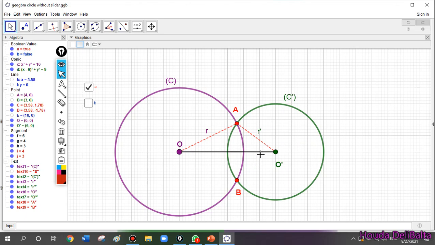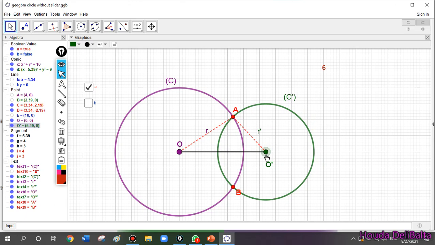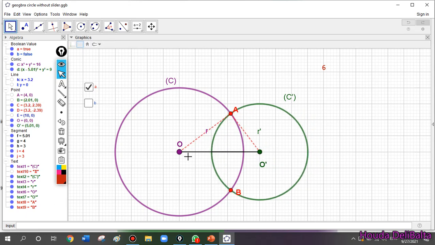Now let's make a relation between the centers in this case and the radii. Notice the distance between the centers: 1, 2, 3, 4, 5, 6. Let's mark 6. Let's change that distance. The distance between the centers OO prime: 1, 2, 3, 4, 5. Let's mark 5.